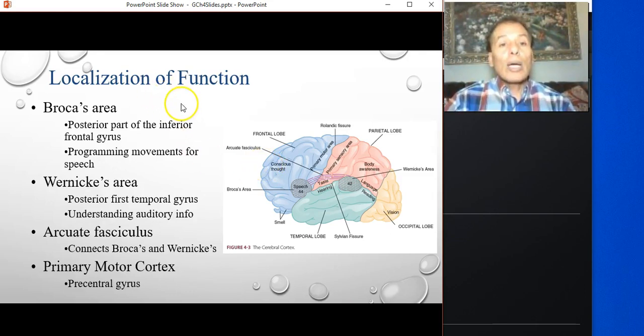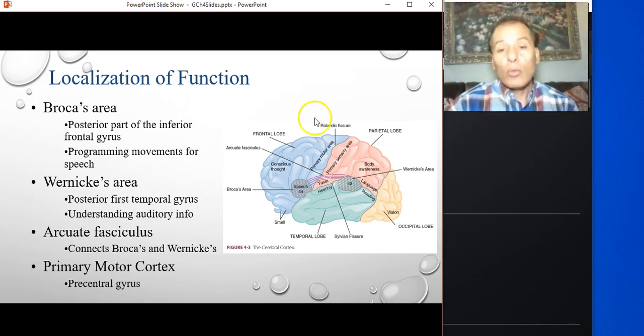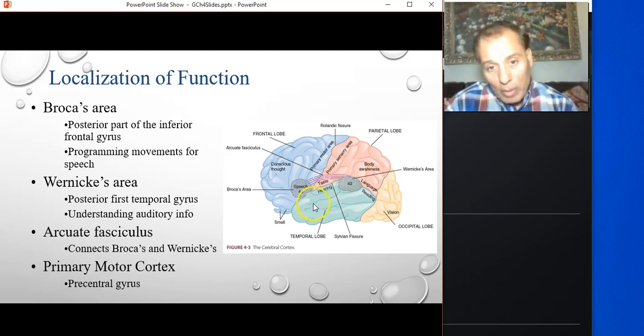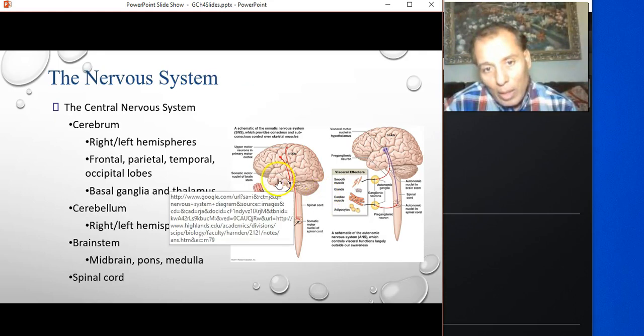We are going to look at a few areas that have to do with language. I'd like you to know this is the left hemisphere. There's a belt area here in the left hemisphere. Basically, see this line? This line here is called the temporal fissure or the Sylvian fissure.